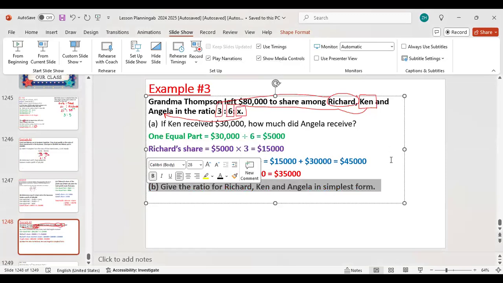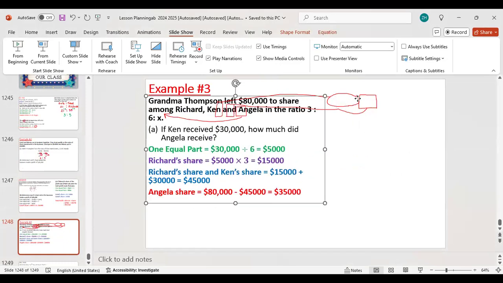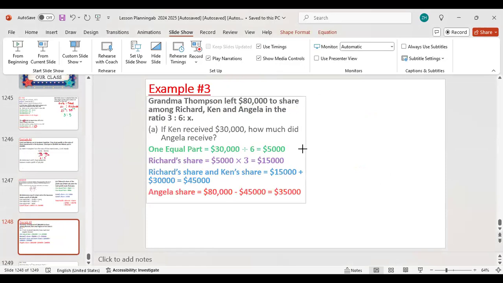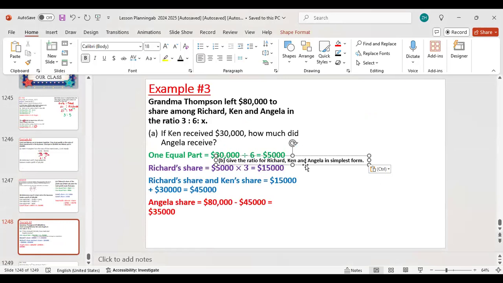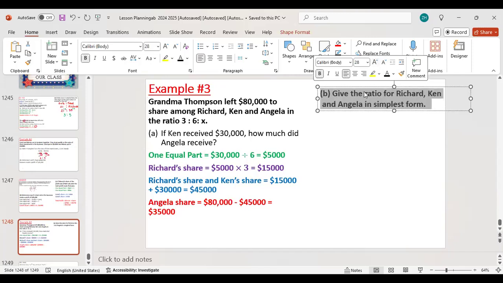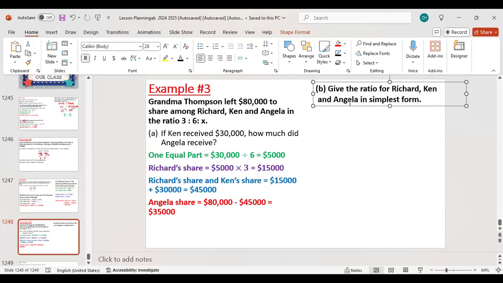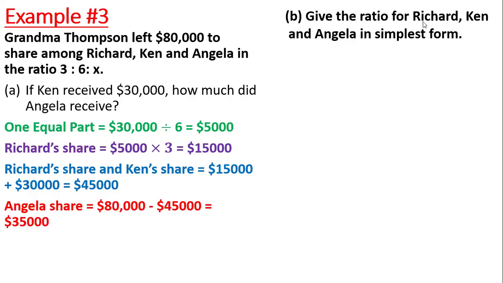So we have to break this down into simplest parts. Give the ratio of Richard, Ken, and Angela in simplest form. So let's put that in order.